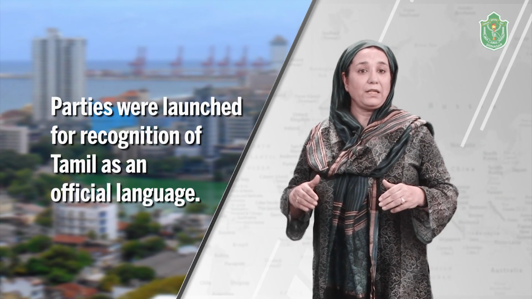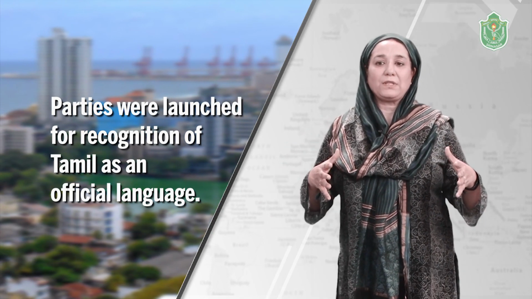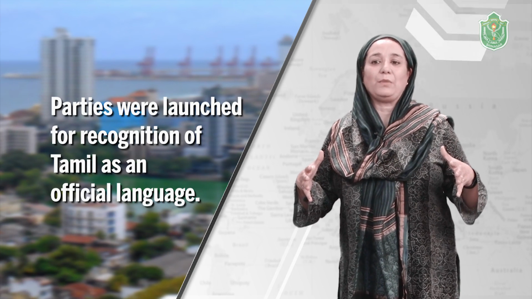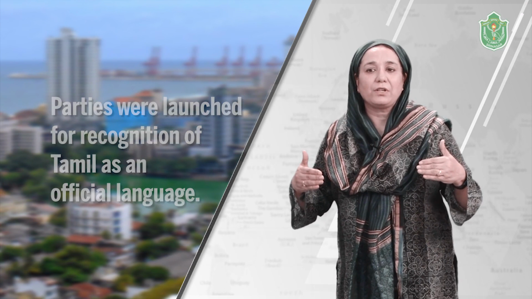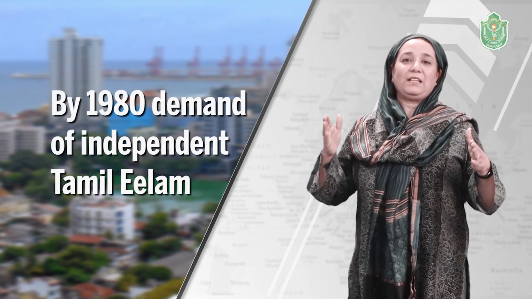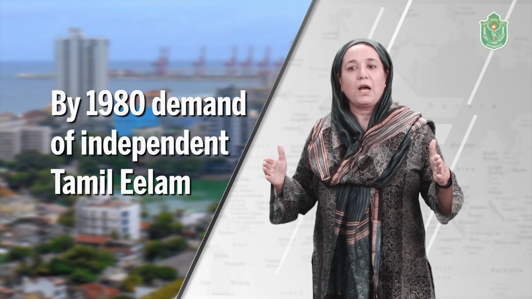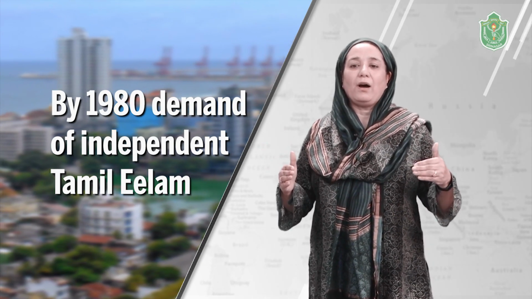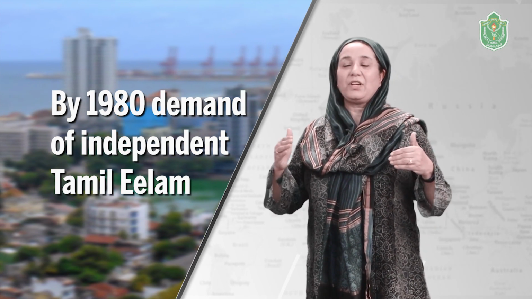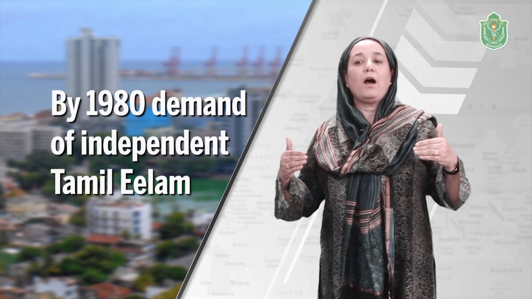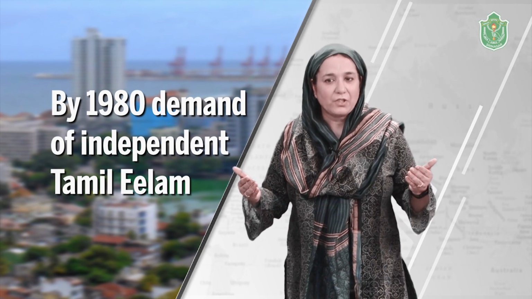These demands for more autonomy to provinces populated by the Tamils are repeatedly, children, denied. By the 1980s, several political organizations are formed and they demand an independent Tamil Eelam. The regions demanding this are the northern and the eastern parts of Sri Lanka.